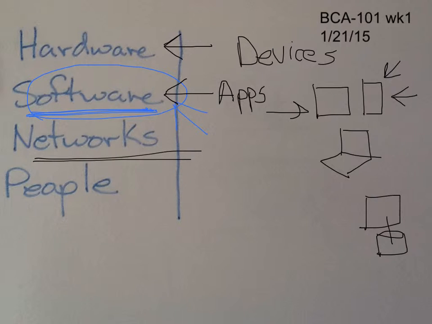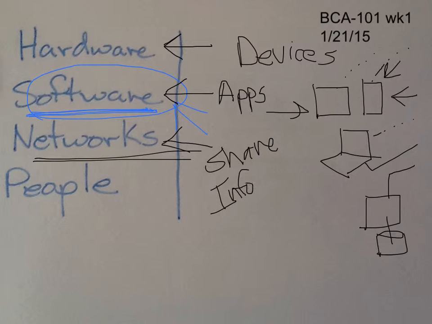Networks, they allow these devices, either through the air or maybe connected with a wire, to communicate, share information. And information comes from data.